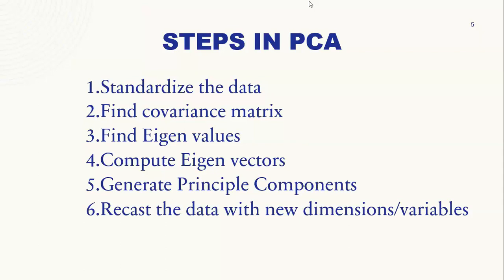I repeat, PCA is widely used in every machine learning project, because in machine learning applications the data set size itself is very huge, and if I have a lot of independent variables and I am studying their impact on the dependent variable, my model becomes very complex, and the model's execution time will also increase.